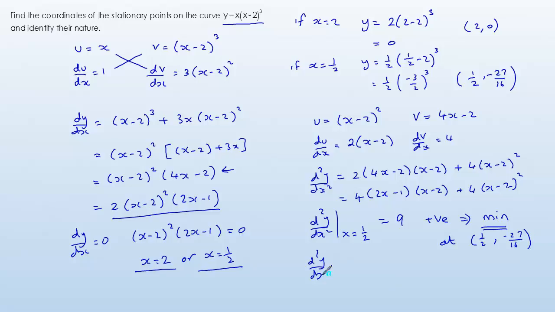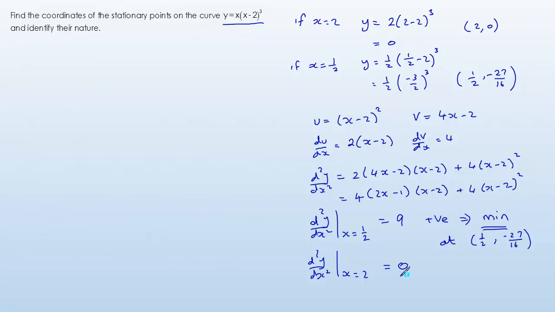d²y/dx² evaluated at x equals 2, however, so that part's going to be 0, this term is 0, and this is going to be 0, so that's going to be 0. So that actually tells us nothing, and we need to investigate further.